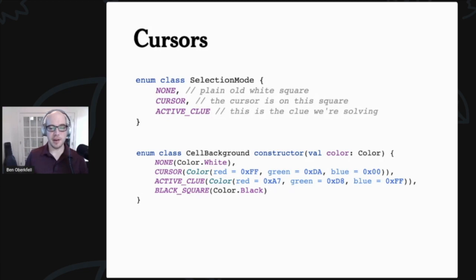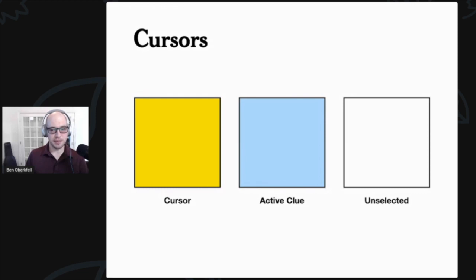So let's just create a data model here. We'll create an enum for selection mode that maps no selection, having your cursor, and also the active clue, a cell in the active clue. And then we can create another enum with the background corresponding to these different states, the cursor color and the active clue color, that map back to this view here.